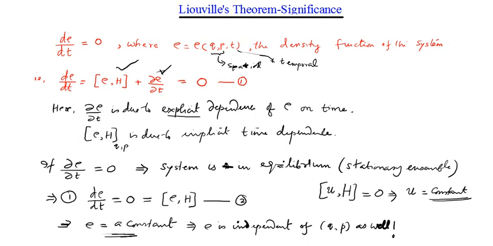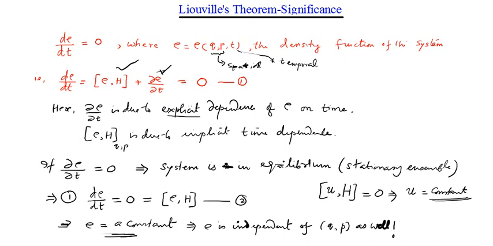Hence ρ is independent of q and p as well, or ρ is a constant everywhere. In other words, if ∂ρ/∂t is equal to 0, equation 1 demands that the Poisson bracket of ρ with H be equal to 0 for dρ/dt to be equal to 0, or ρ equal to a constant independent of q and p, the phase space coordinates.